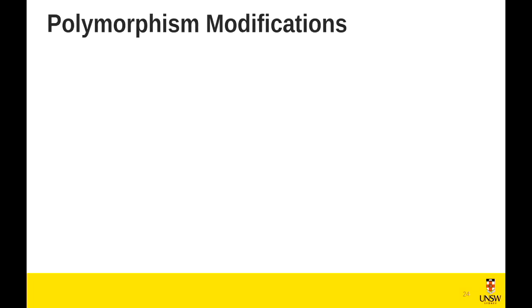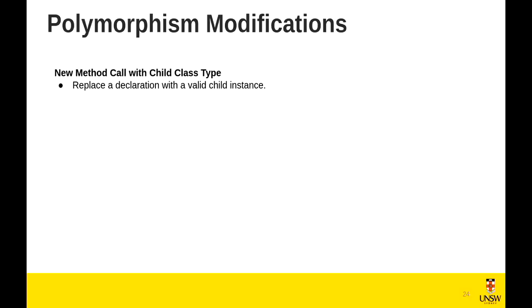And the last concept of mutation testing is called polymorphism. So we can also do modifications or mutations related to polymorphism. So what we can do is we can do a new method call with child class type. So we can replace a declaration with a valid child instance.